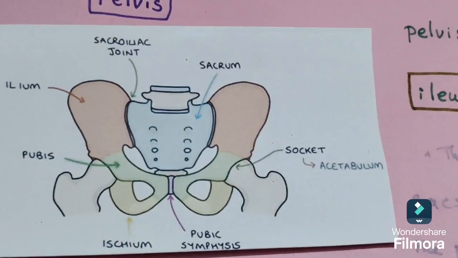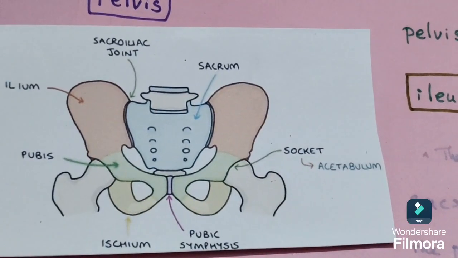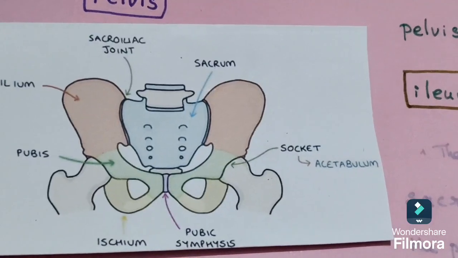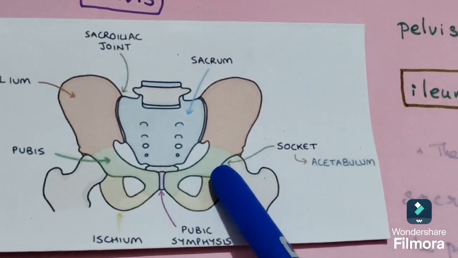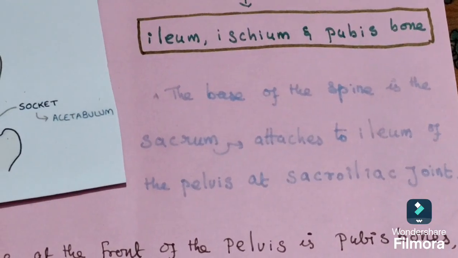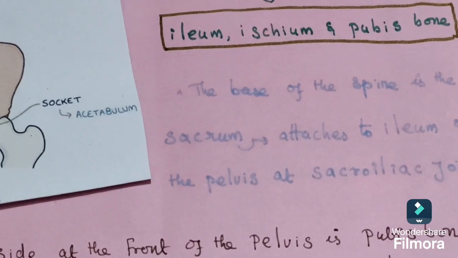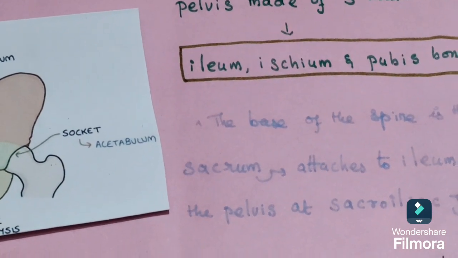This is located at the point where the three bones of the pelvis meet together. So the pelvis has three types of bone: ilium, ischium, and pubis.